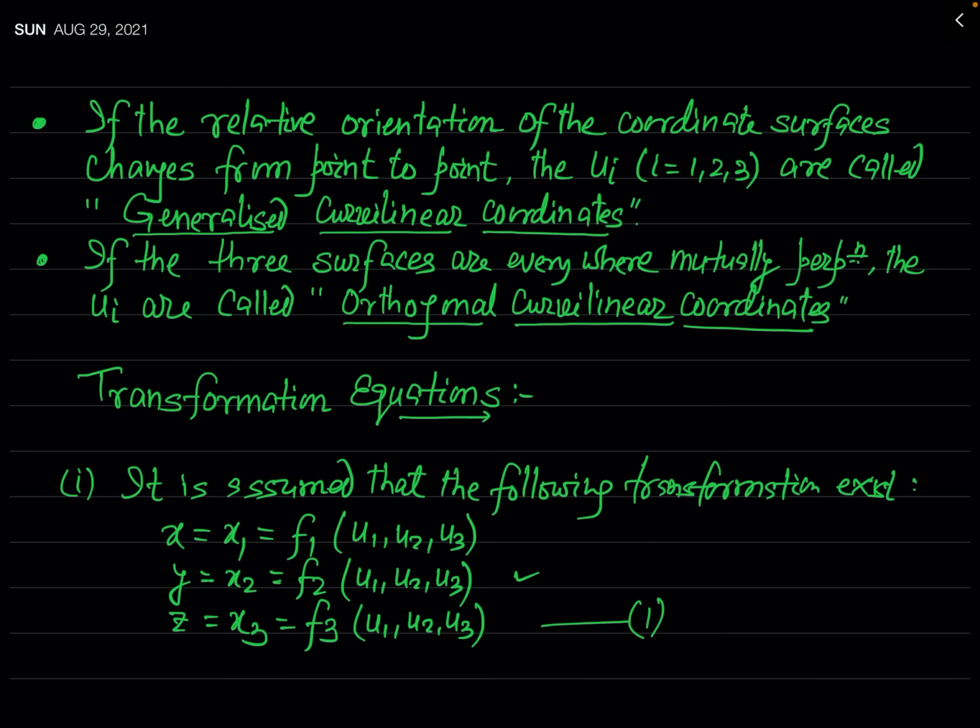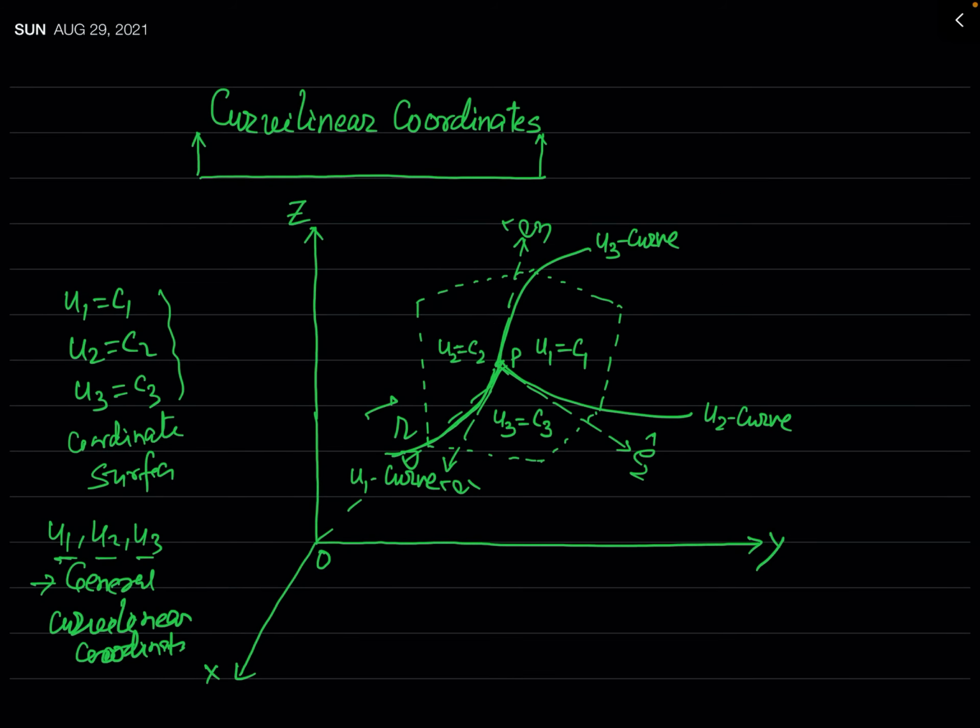You can see in this figure that when you draw a tangent at point P to the curve u1, this vector represents del r by del u1. Similarly, along the tangent to the curve u2, the vector is del r by del u2, and along the tangent drawn at P to the curve u3, the vector is del r by del u3.